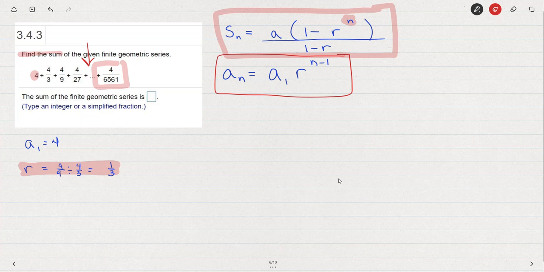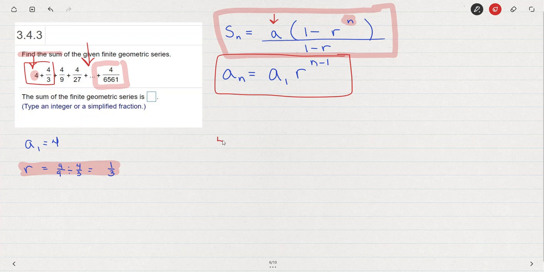Okay, let's get started with this. Now, just some initial pieces. I can get that a is equal to 4, and this a refers to whatever the first term is. So a sub 1, or a, is simply going to be 4. That's our first term. The ratio, that's when we go from one term to the next, what did we multiply by?